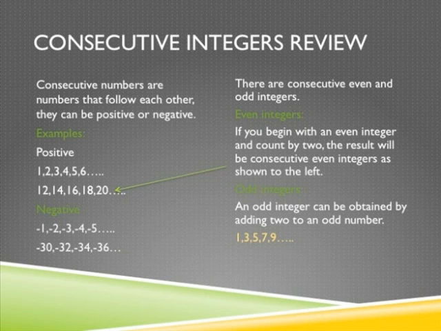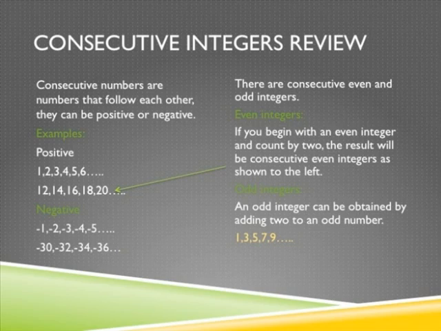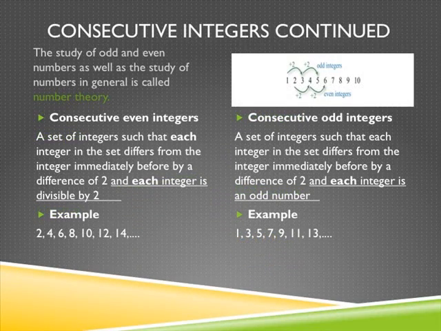So, an example of odd numbers is 1, 3, 5, 7, and 9. The study of odd and even numbers, as well as the study of numbers in general, is called number theory.